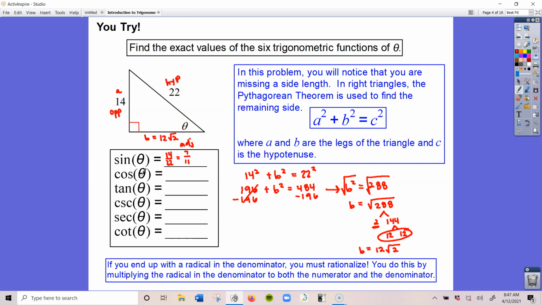Now for cosine. Cosine is the adjacent over the hypotenuse, so we have 12 square root of 2 over 22. Now when you have a fraction like this, you can simplify the numbers that are outside of the square root. 12 over 22 can be simplified by 2, which gives me 6 square root of 2 over 11.